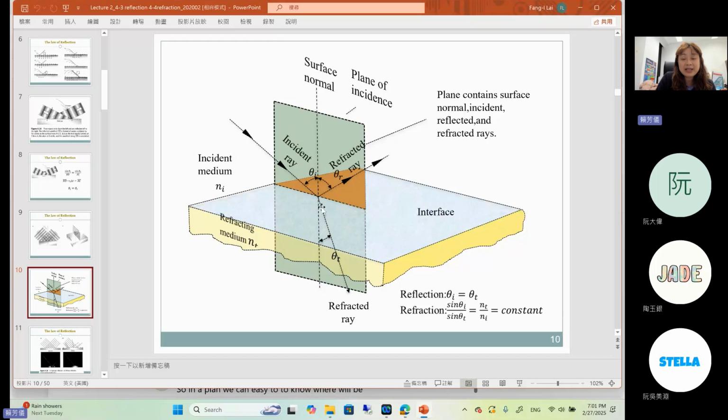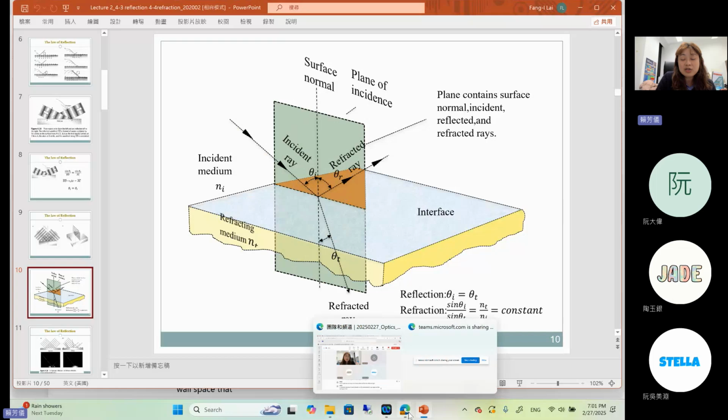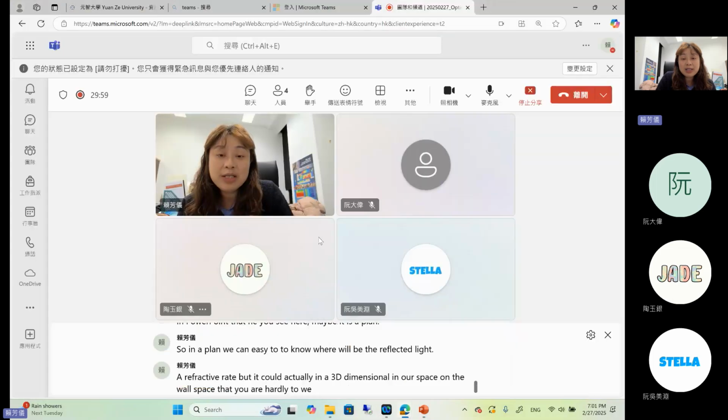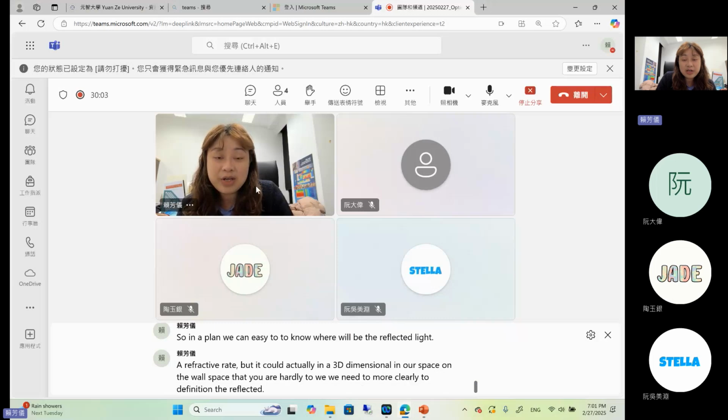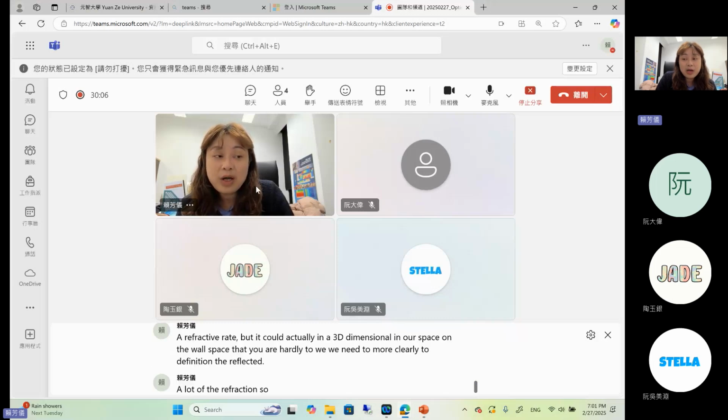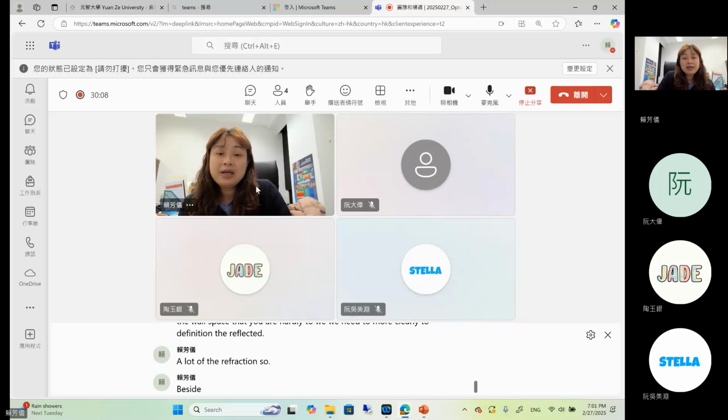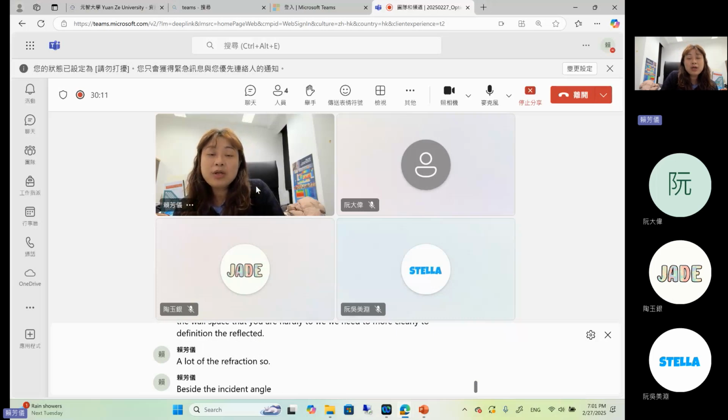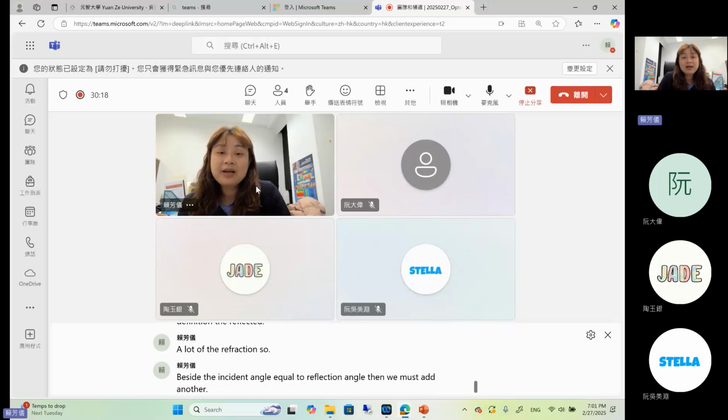But in the 3D space of our world, we need a clearer definition of the law of reflection. So besides the incident angle being equal to the reflection angle, we must add another condition, as this figure shows.